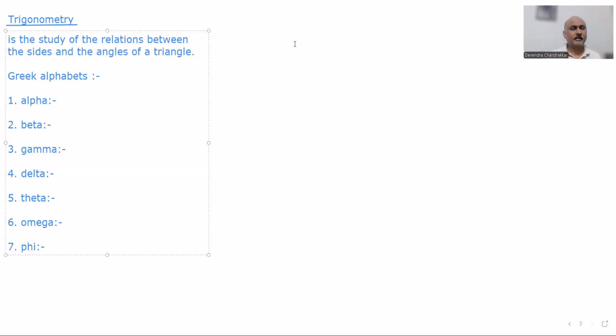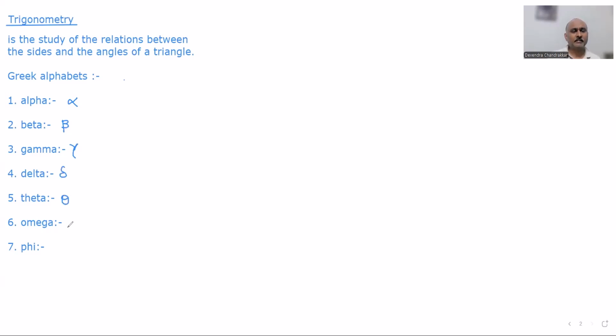So alpha is written like this. This is how alpha is denoted. This is how beta is denoted. This is how gamma is denoted. This is how delta is denoted.